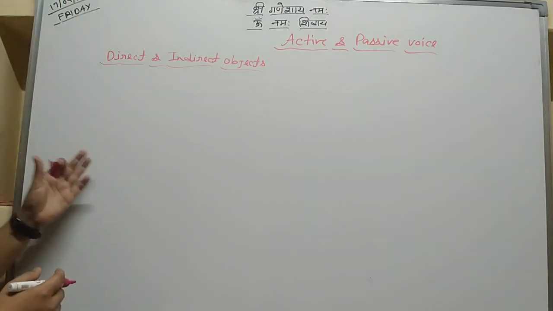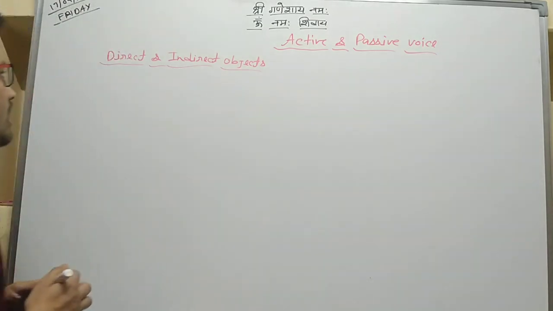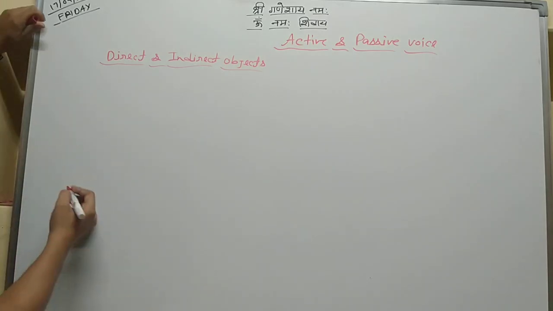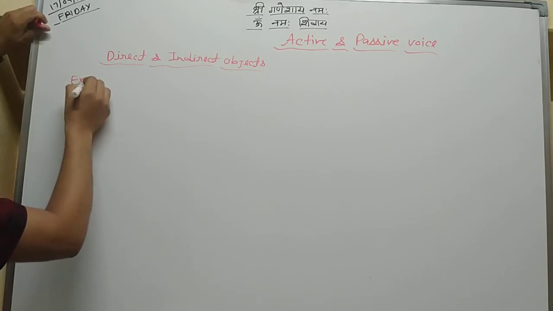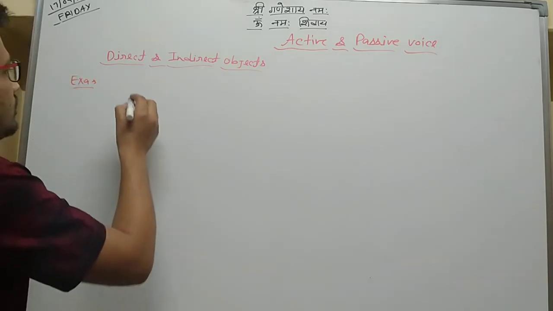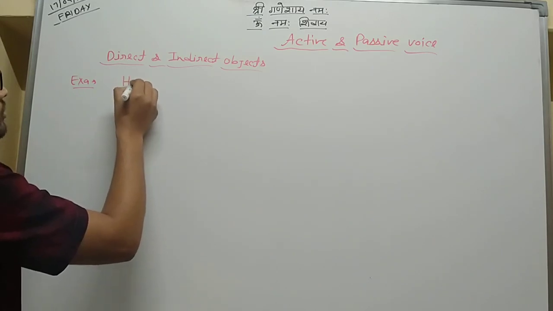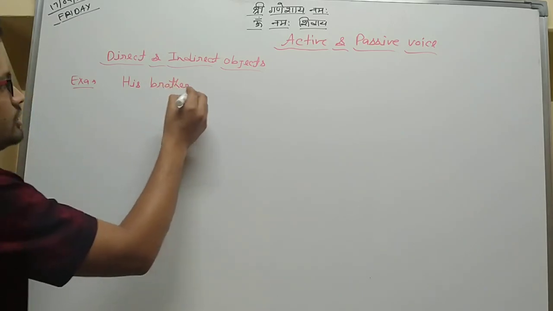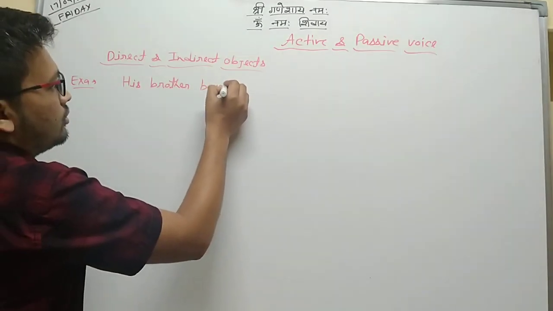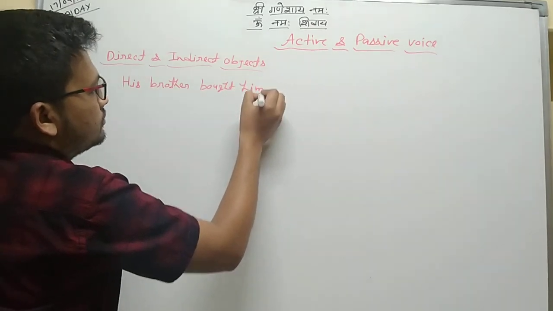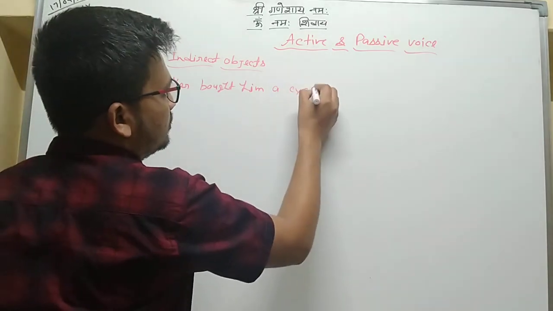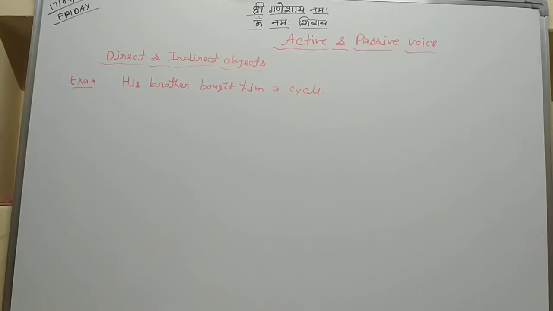In many sentences, there are more than two objects. Let's suppose, for example, "His brother bought him a cycle."